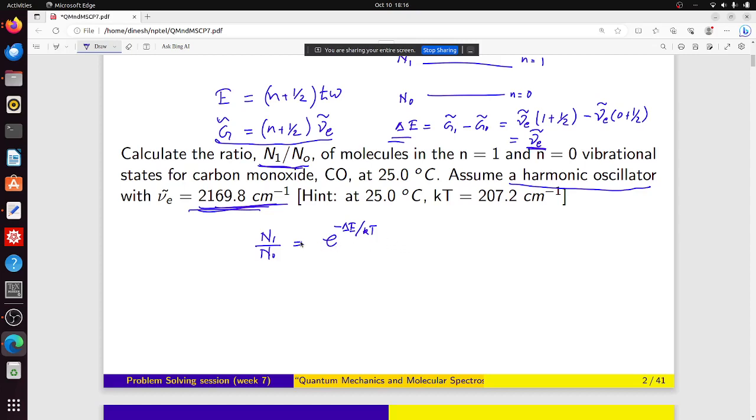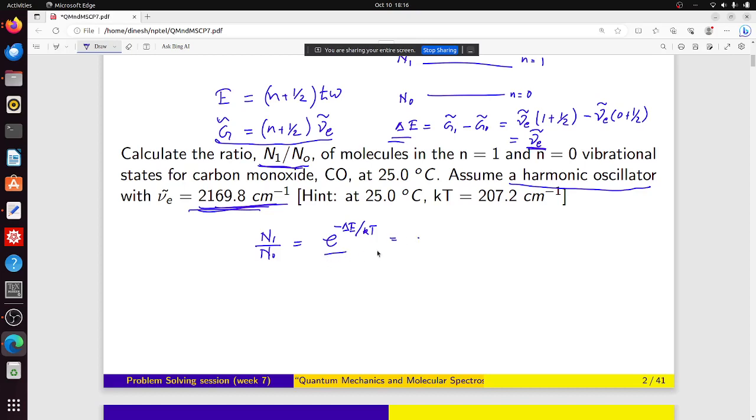Or if there is some degeneracy, this will come as 2J plus 1 multiplied with this. Okay, for our case this is different, so J won't come here, so let's not write J.